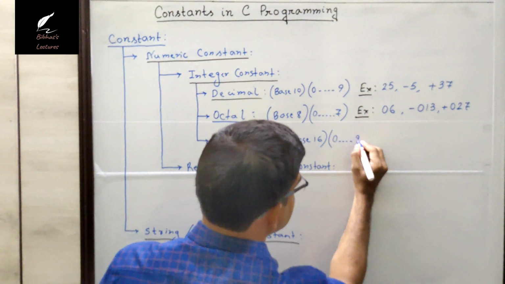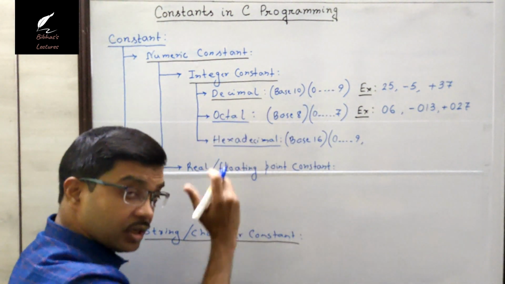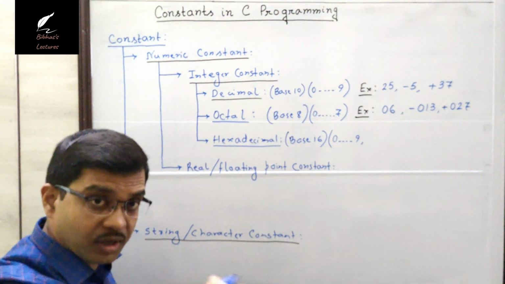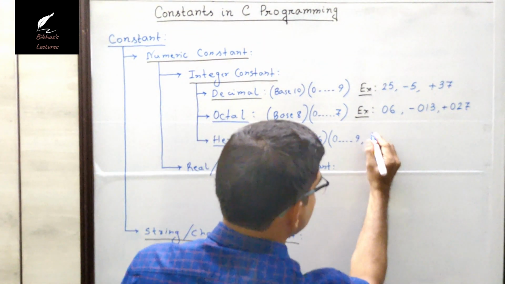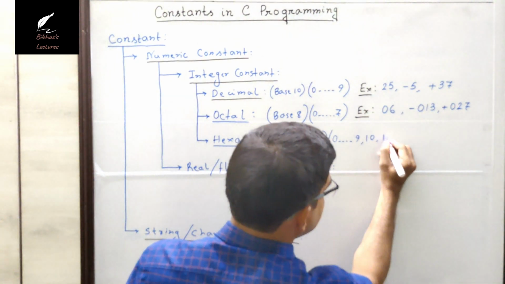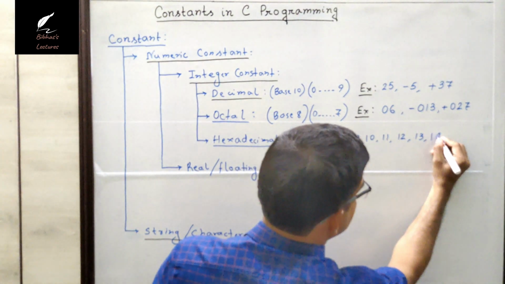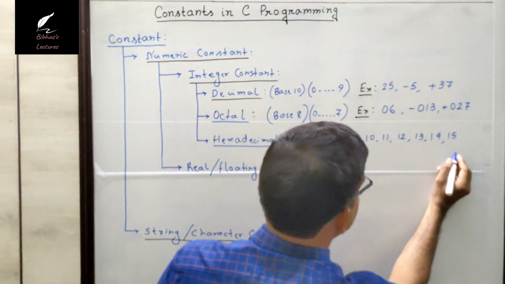So the first 10, that is 0 to 9, are exactly the same as those of the decimal number system, but it differs in the last 6 numbers. And what are those last 6 numbers? 10, 11, 12, 13, 14 and 15.